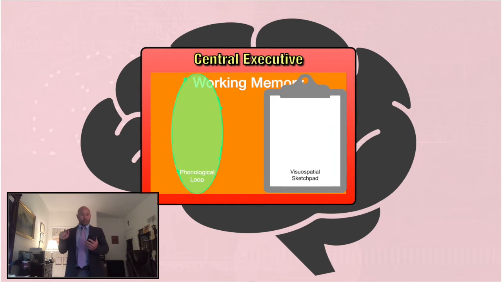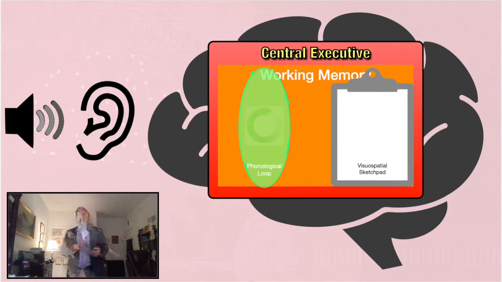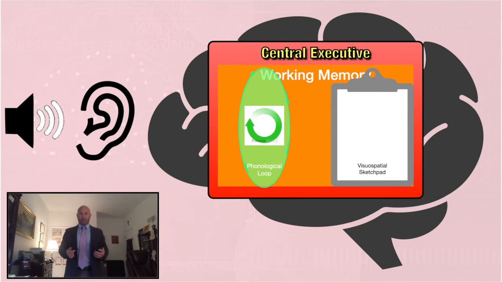Basically, the phonological loop is where we process audio information coming through our ears, but also, and this is very important, audio information that's already in our head, like our internal voice. So when we want to learn something, sometimes we repeat it over and over in our head. That is also processed in the phonological loop. So it's both external sources and internal sources.